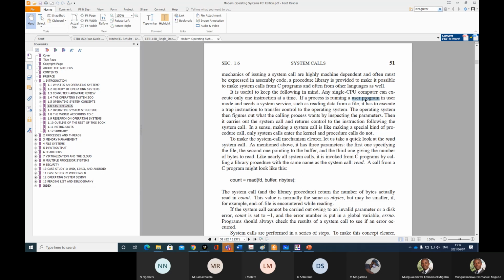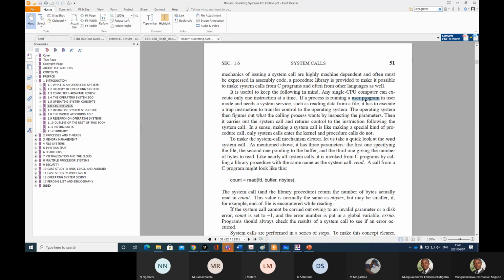That's going back to the reason why we chose Linux over Windows as we learn operating systems. But this value of count is not necessarily equal to nbytes. Sometimes nbytes is smaller because you may not want to read the entire file.